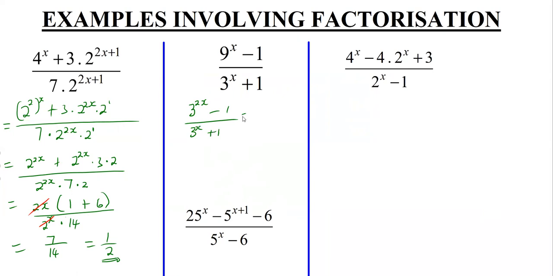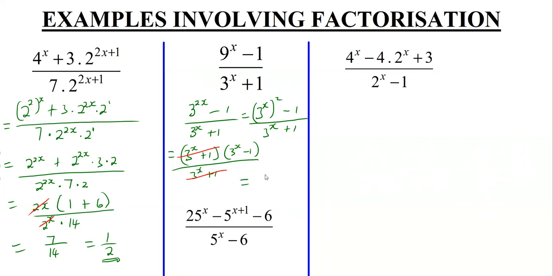But remember, we can put it this way: 3 to the power of x squared minus 1 over 3 to the power of x plus 1. Then that's one difference of two squares. Remember, it's going to be 3 to the power of x plus 1, 3 to the power of x minus 1 over 3 to the power of x plus 1. Then you cancel here.